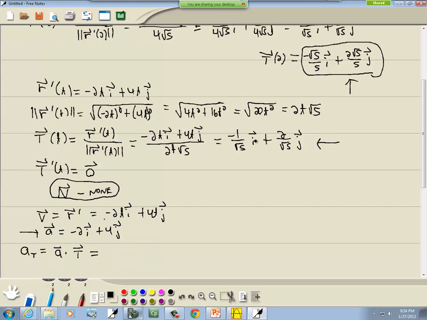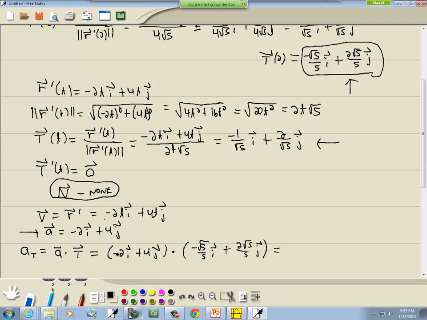Okay. So the dot product of negative 2i plus 4j and negative square root of 5 over 5 i plus 2 square root of 5 over 5 j. Okay, multiply what's before our i's together.